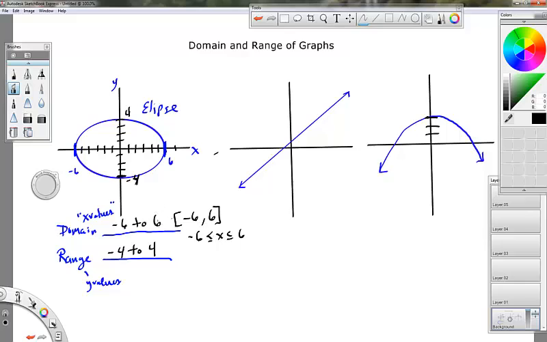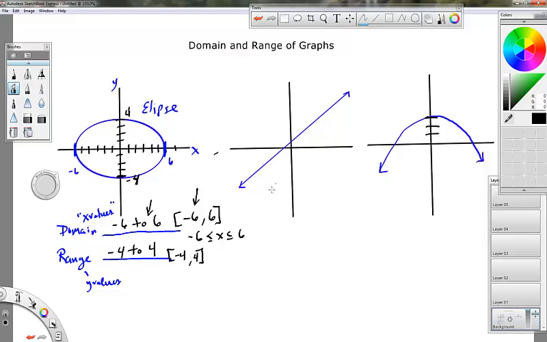You can choose however you want. The book is going to go with this. Most people stick with this. Some people like this. It all means the same thing. So from this, it would be hard bracket -4, comma 4 hard bracket. You can't put a parenthesis in there. That means something else. That means you have a hole in your graph or a dotted line instead of a solid line. So more on that in a minute.